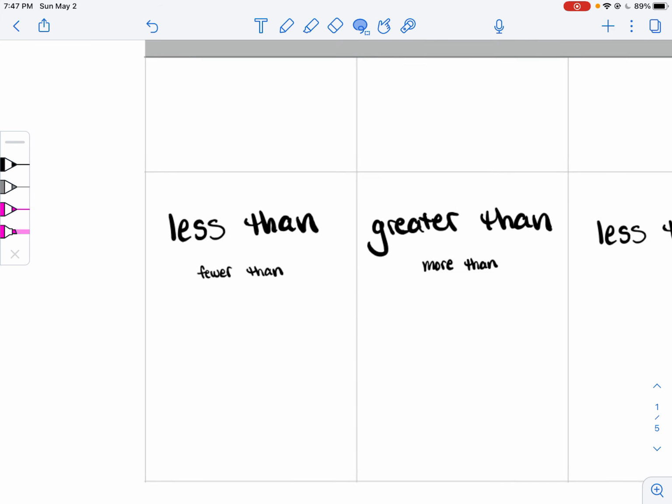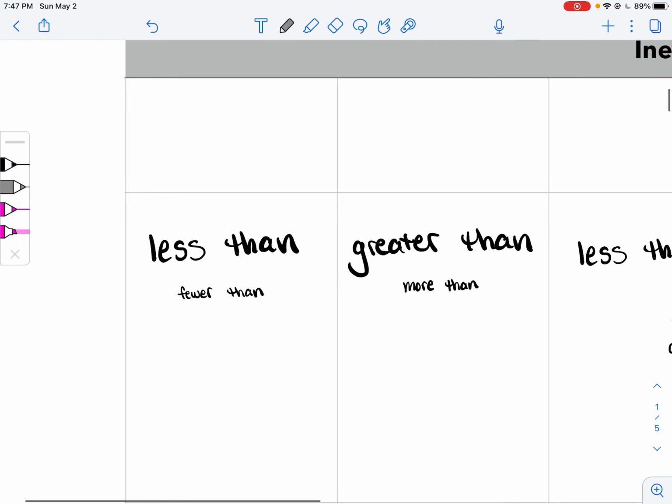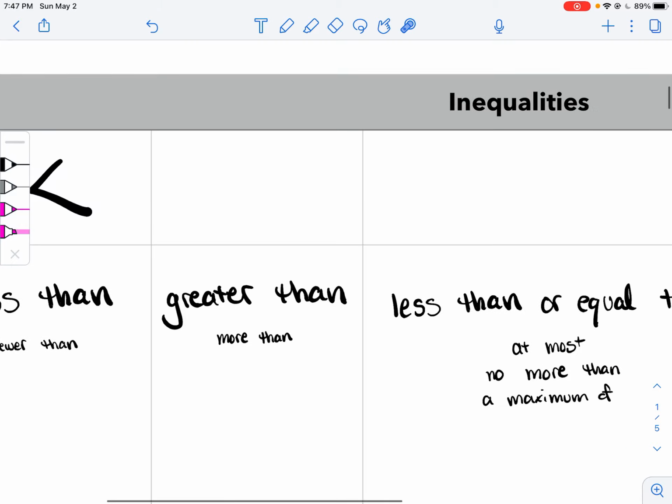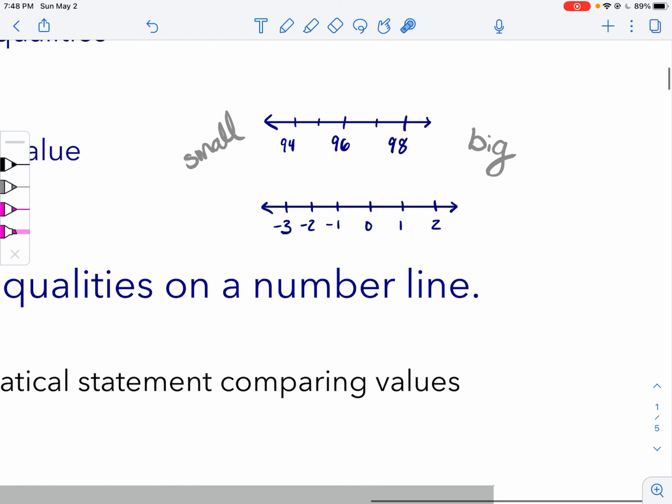So if you have an inequality that states something is less than, then you'll have this symbol right here. Think of it as going that way down the number line. You're going towards the small numbers, that's less than.